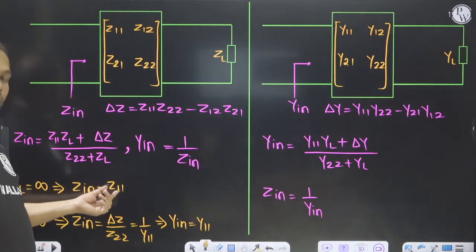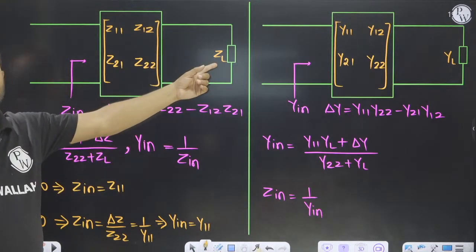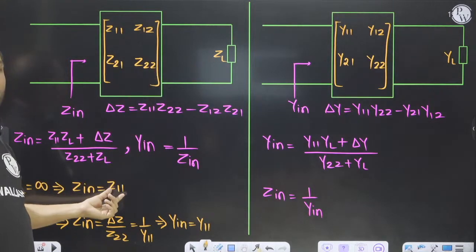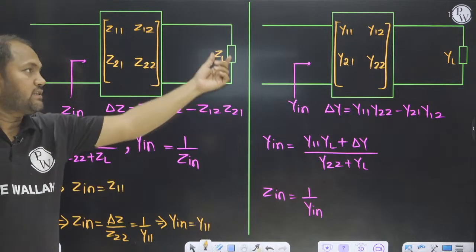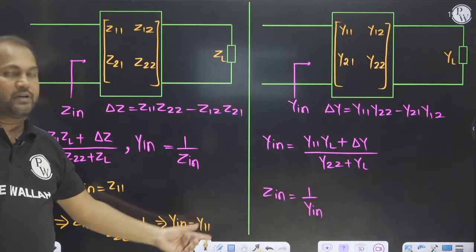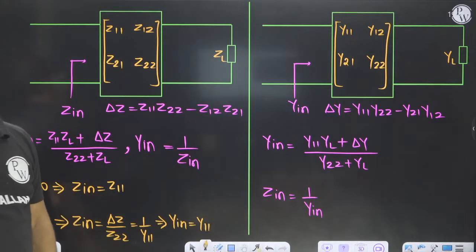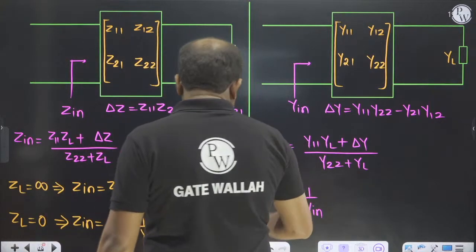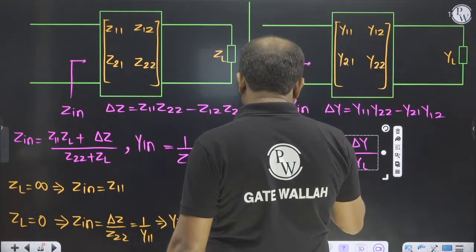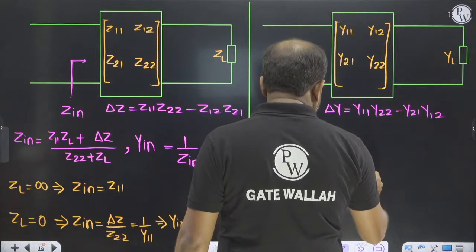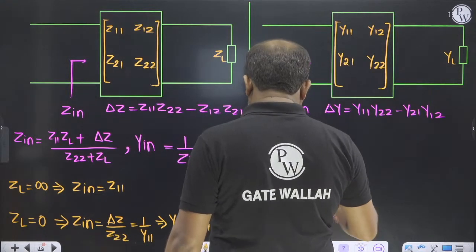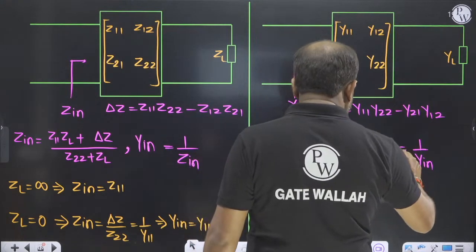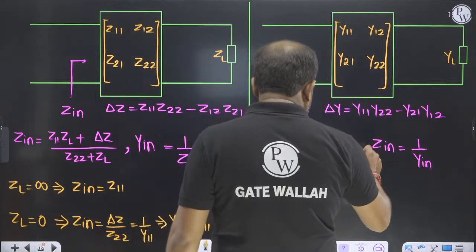ZL open gives the open circuit impedance, and ZL short gives the short circuit admittance. You will understand this after some time, but it will take some time to understand this point.